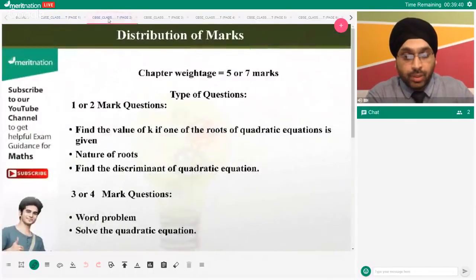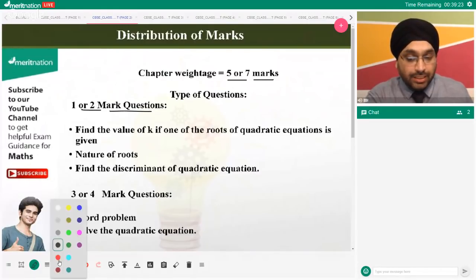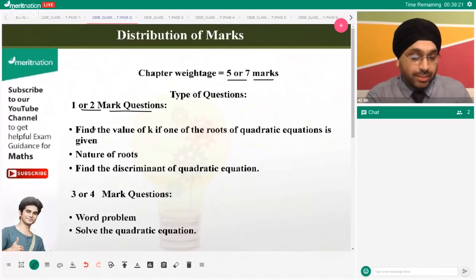Now, first of all, let's discuss the distribution of marks. The chapter weightage for this topic is around 5 to 7 marks. If you think about 1 or 2 mark questions, they generally come in the form where we just need to find the value of k if one of the roots of a quadratic equation is given.